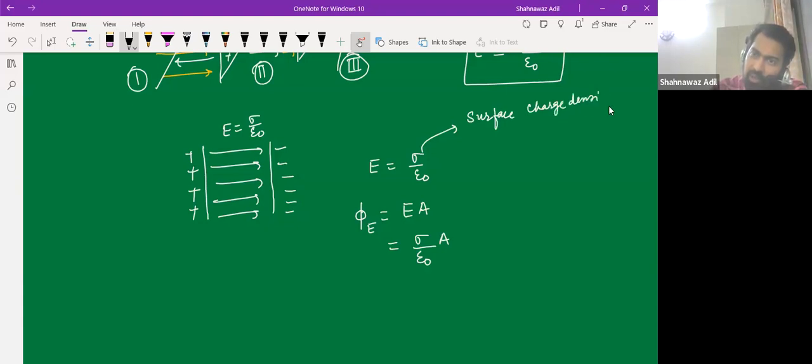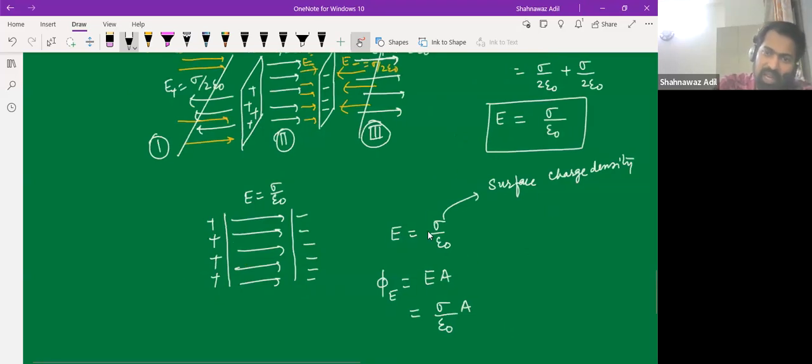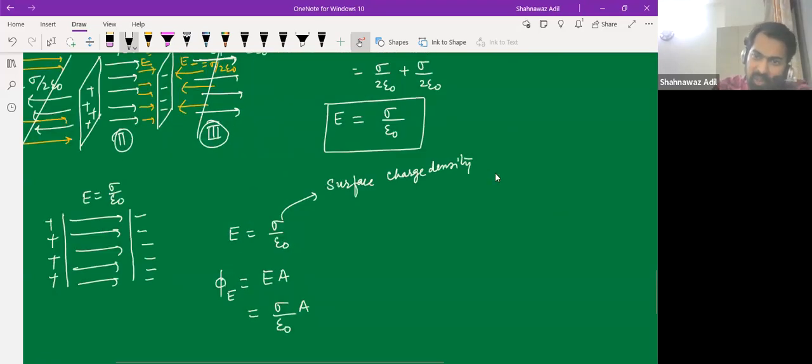Surface charge density means the amount of charge placed in this area. So how much charge is there in this area, that is the surface charge density. So sigma would be charge in an area, right?